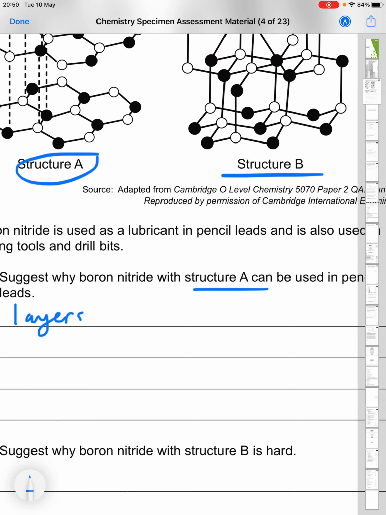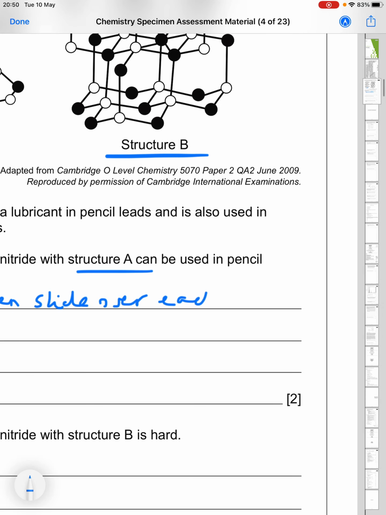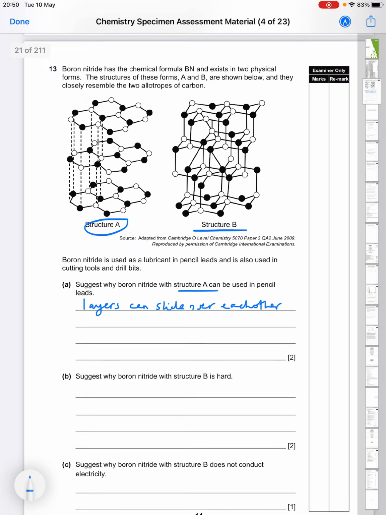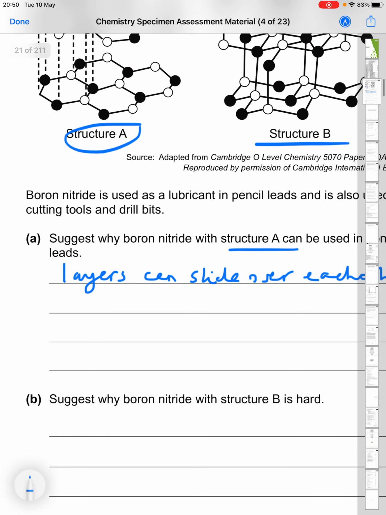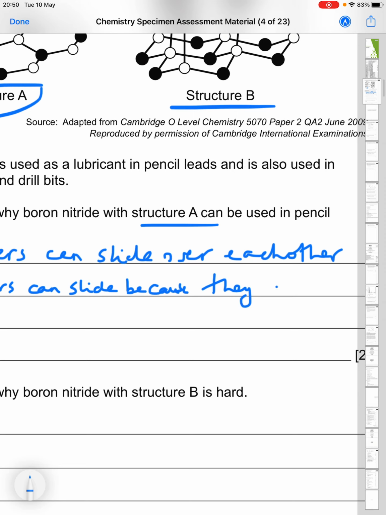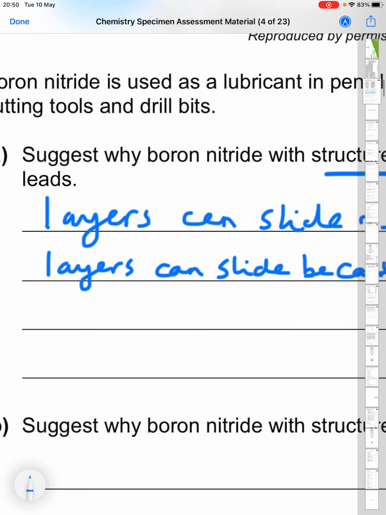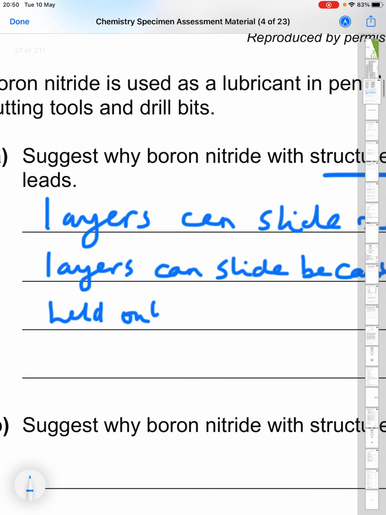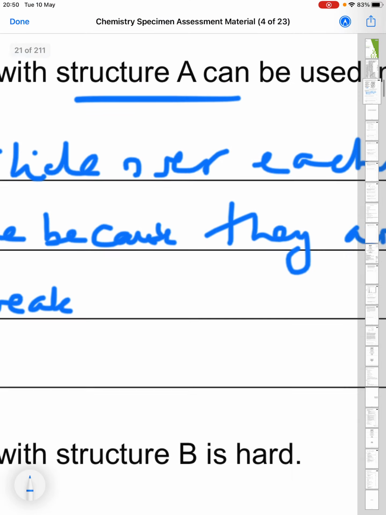So we've got layers which can slide over each other, and those layers can slide because they are held only by weak forces.